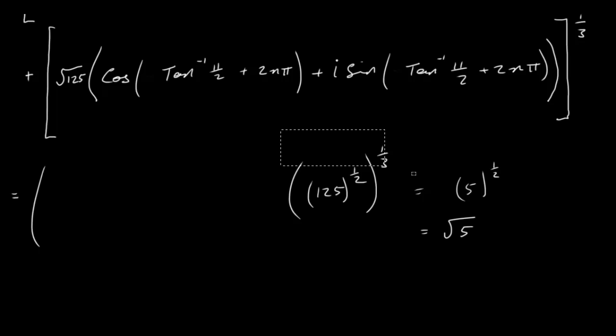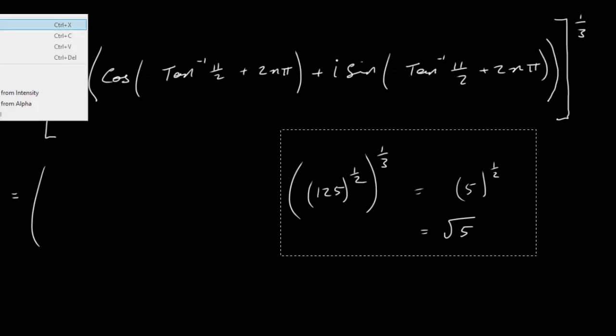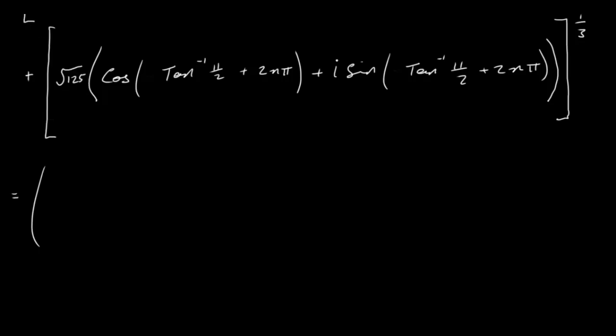Okay, so let's do that then. Let's get rid of this. So this becomes the square root of 5. Now we have the cos of 1/3. Well, initially we have minus here, so it's minus 1/3 of tan inverse 11 over 2 plus 2 over 3 n pi.